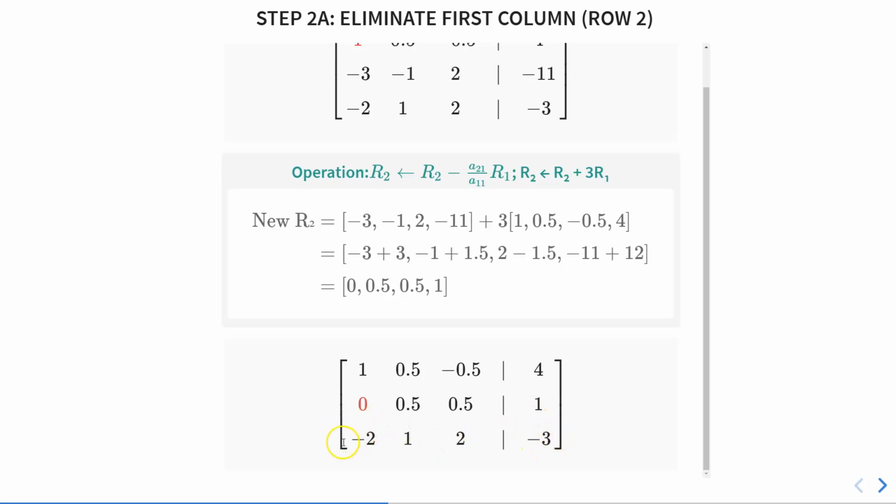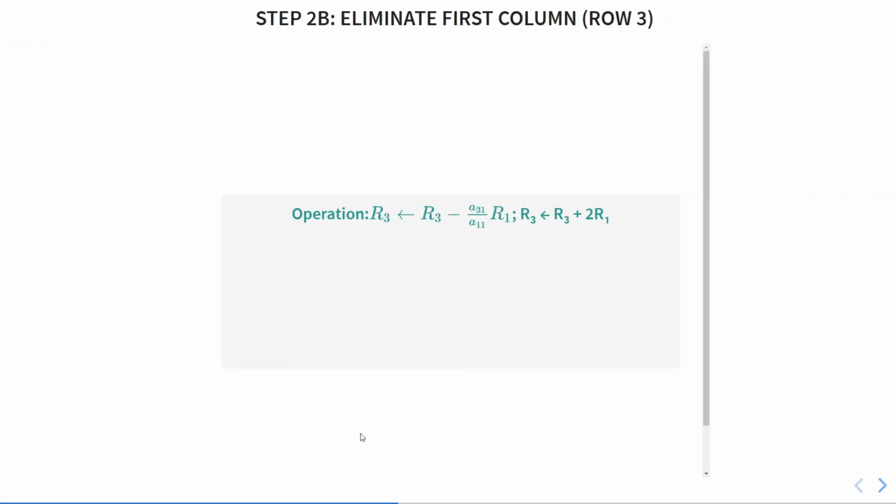Now next I'm going to make this minus 2, that is first column, third row, element 0. So here is my step 2b, eliminate first column, third row. So here is my matrix.